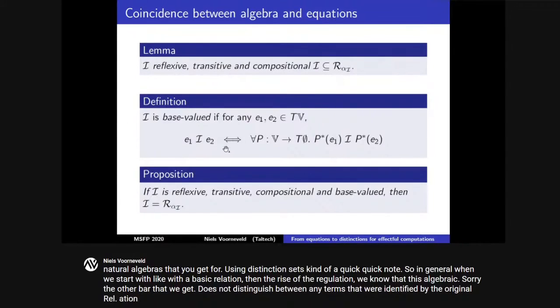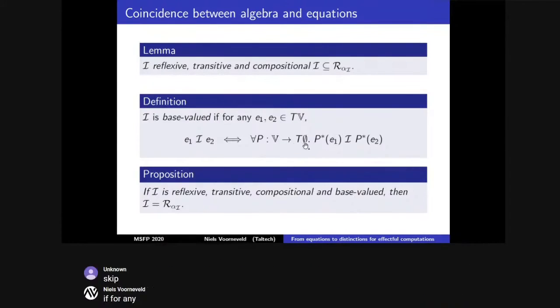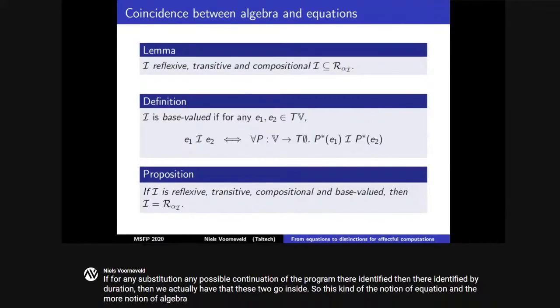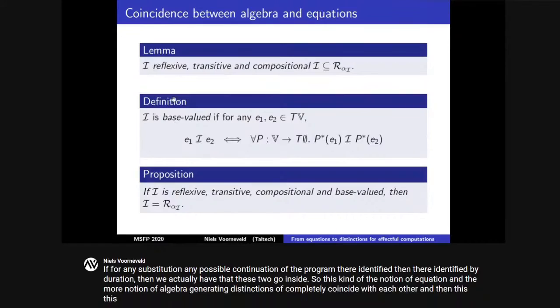And moreover, if the original relation is base valued, which means that for any substitution, any possible continuation of the program, they're identified, then we actually have that these two coincide. So the notion of equation and the notion of algebra generating distinctions completely coincide with each other. And this assumption here is actually a very reasonable assumption.